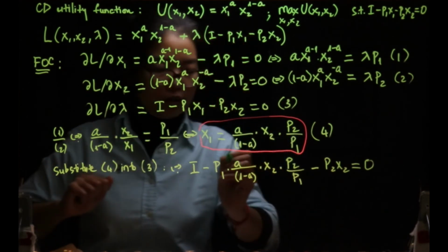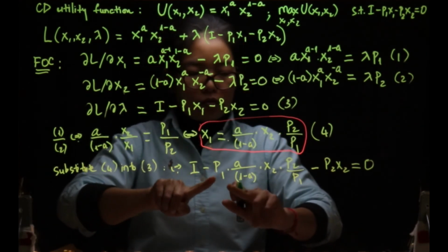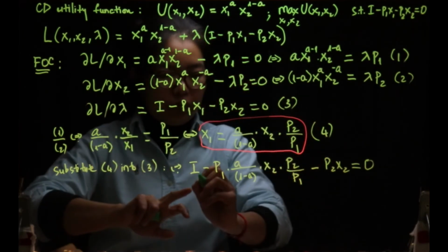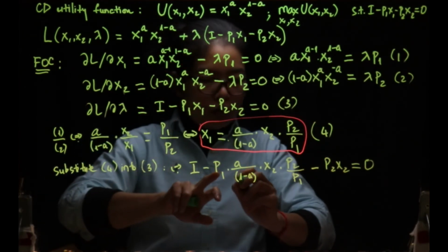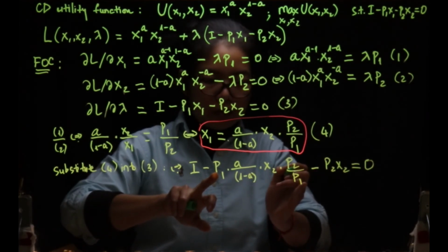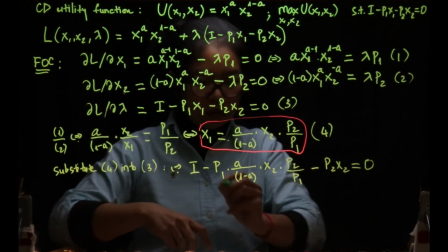Now let's simplify it. For solving, you have to simplify. Here you have p1 on the numerator and p1 in the denominator, so they cancel out.